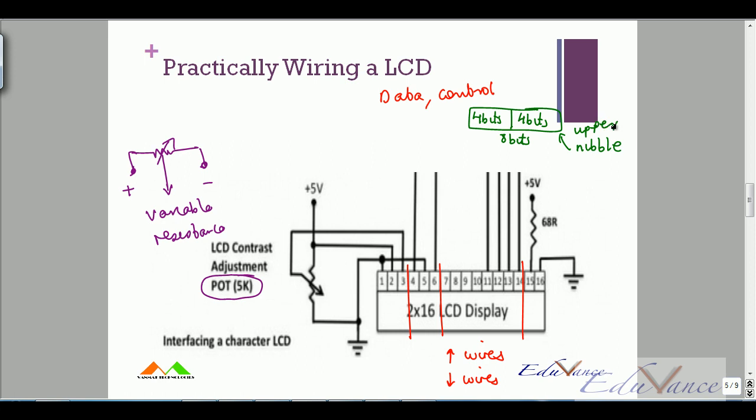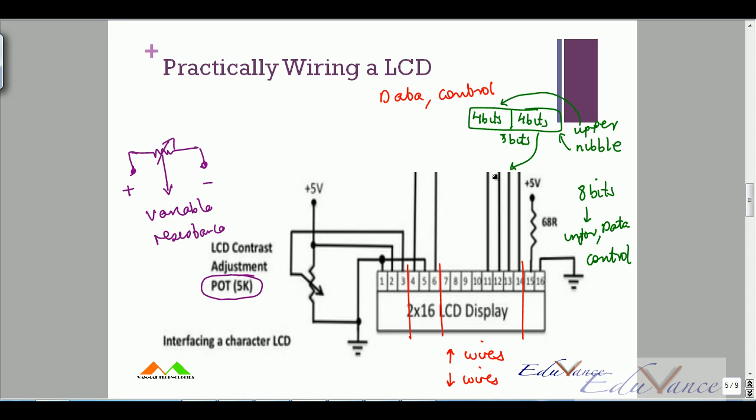So when I have to send 8 bits of data, which is your character, which is information, or even if it's control information, which we will see in the next few slides, then I first send my upper 4 bits, which is the upper nibble, and then after that I will send my lower nibble, which is the lower 4 bits.